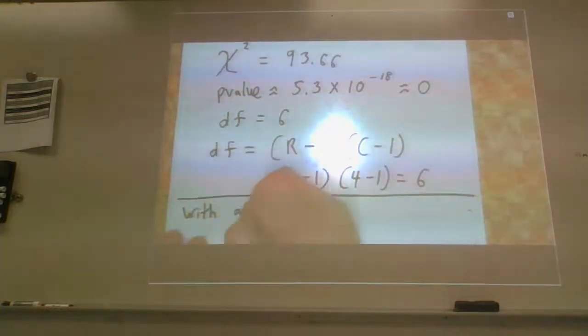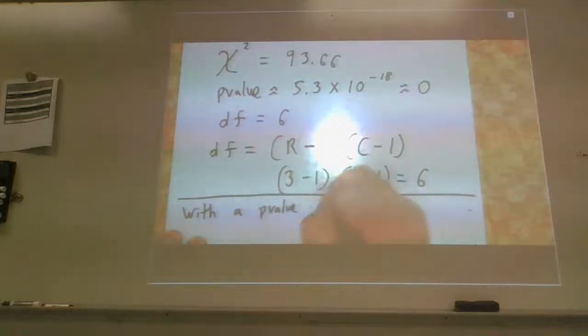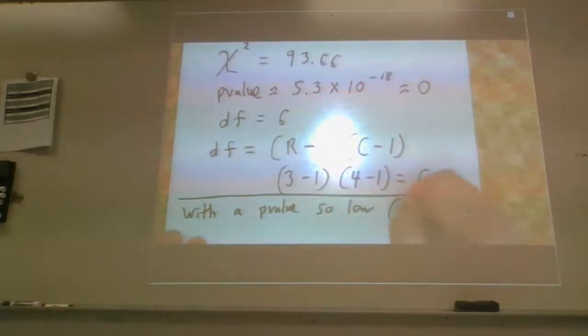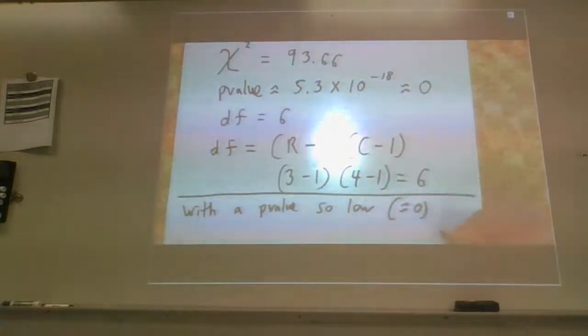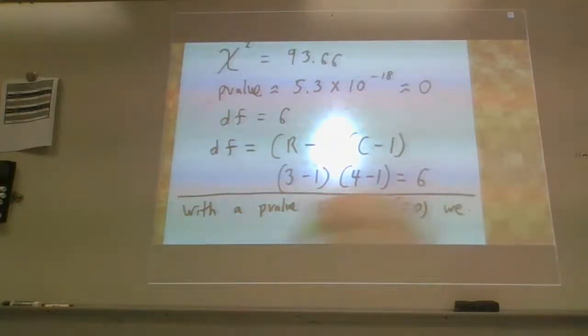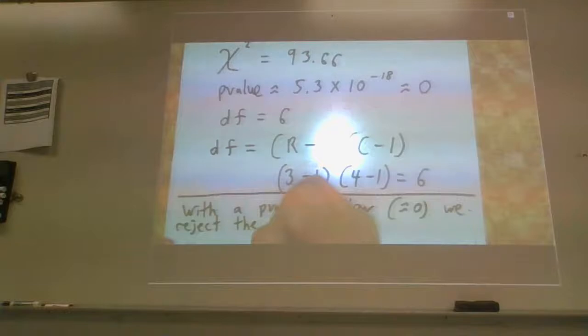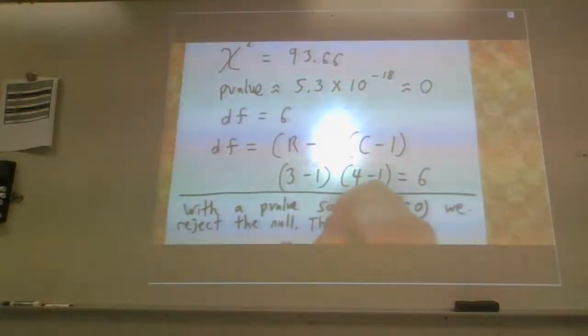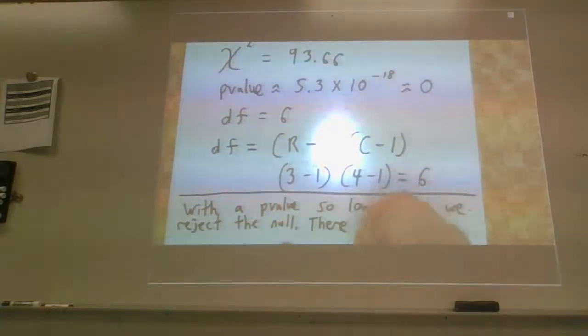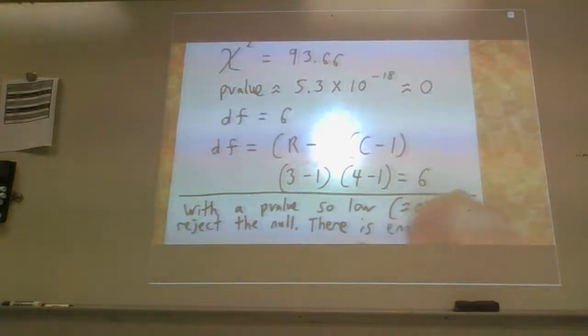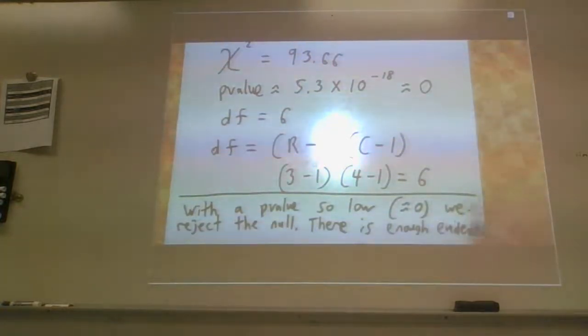With a p-value so low, approximately 0, we reject the null. There is enough evidence, strong evidence, you could even say abundant evidence.